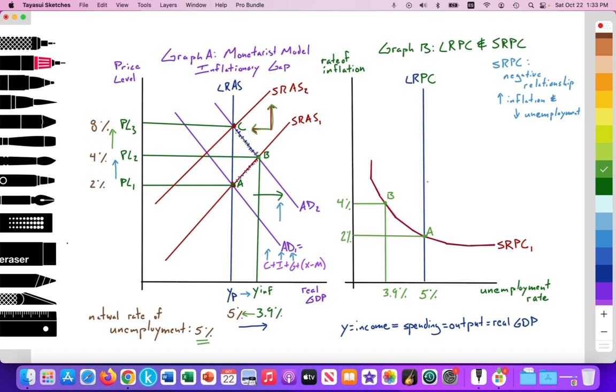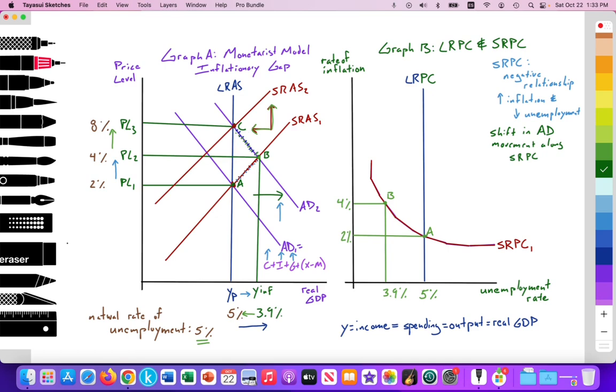So what would that look like in graph B, illustrating the long-run Phillips curve and the short-run Phillips curve? With the short-run Phillips curve, here's a little note. If there is a shift in aggregate demand in the monetarist model, that would be a movement along the short-run Phillips curve.